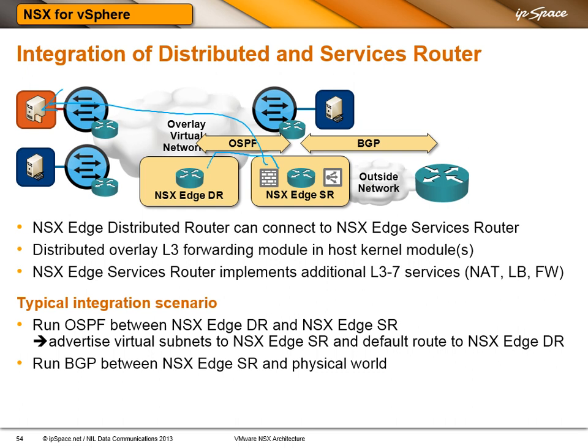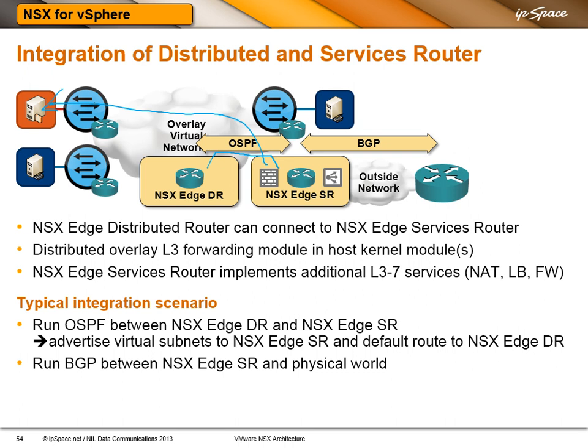The edge services router becomes sort of the default gateway. So the Layer 3 forwarding modules know that they have to send the IP packets to the services router, and then the services router can do whatever it needs to do, including NAT, load balancing, firewalling, and so on.